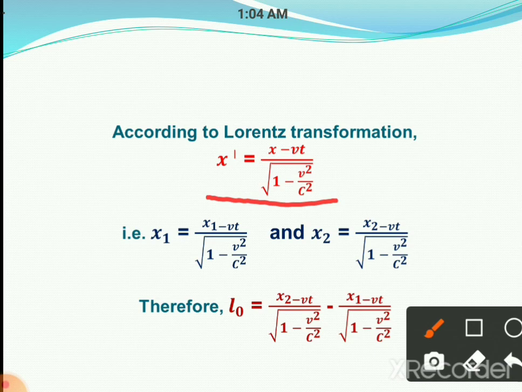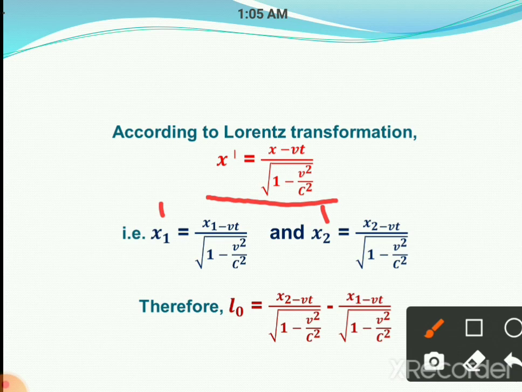Similarly, x1 dash is equal to x1 minus vt divided by square root of 1 minus v square by c square, and x2 dash is equal to x2 minus vt divided by square root of 1 minus v square by c square. So wherever x dash, it becomes two cases, x1 dash and x2 dash, and wherever x, write x1 and x2.